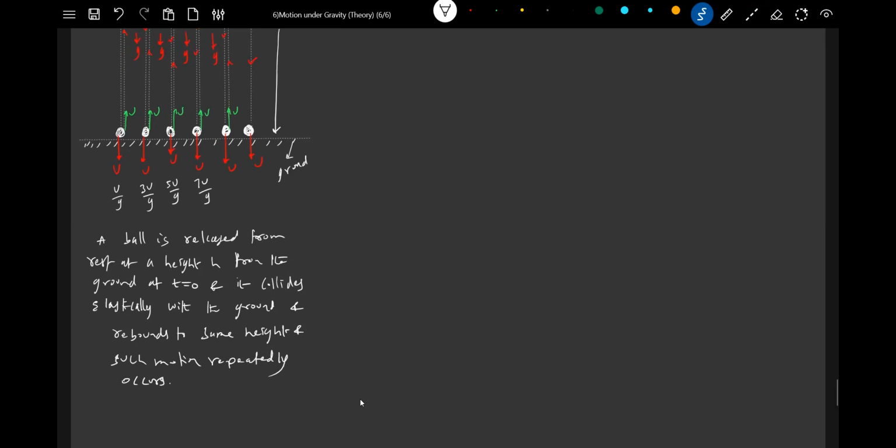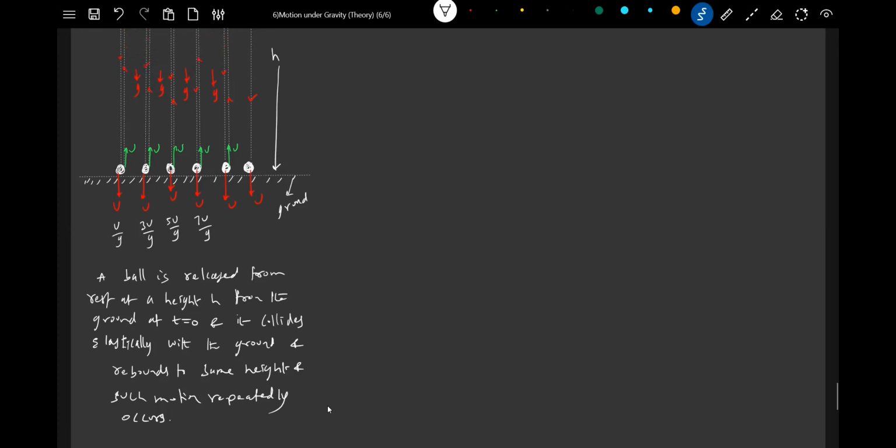So we'll assume that elastically means no loss of energy here. Elastically means no loss of energy.